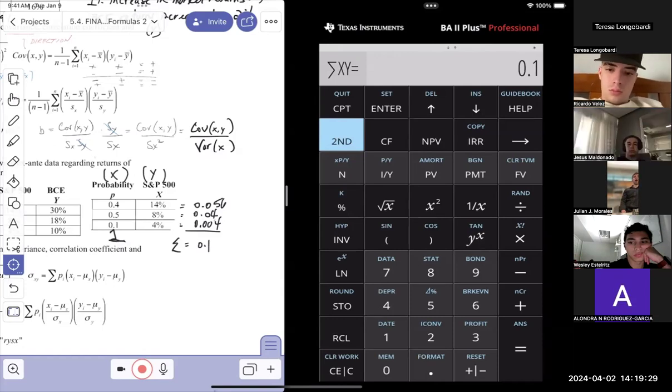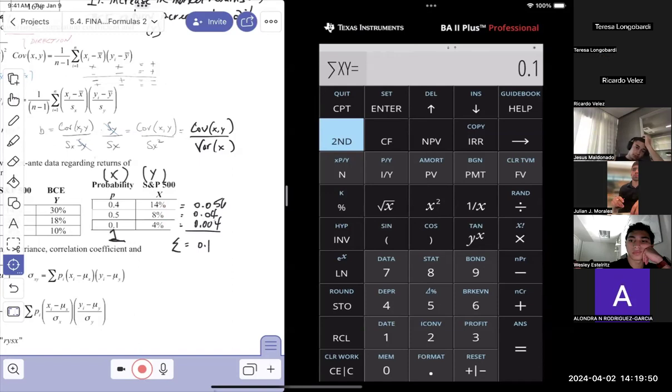This gives me the sum of the products. Can you guys try that? Until the end of the course, you've got to remember how to do these things. I hope you remember it forever, but at least until then.